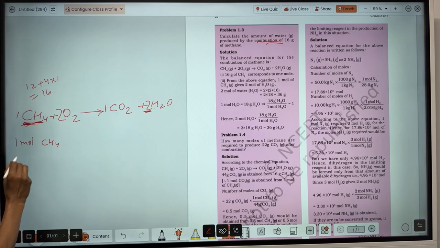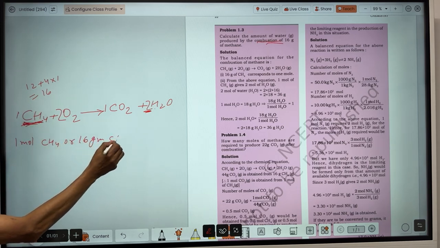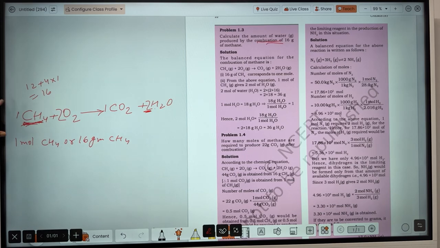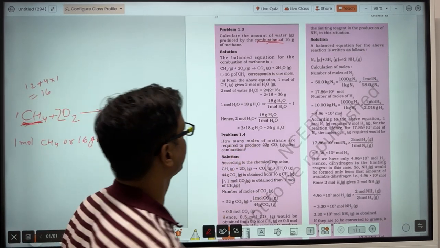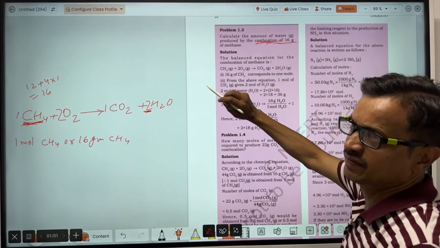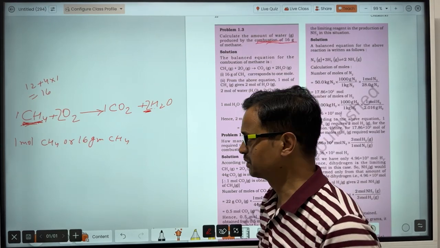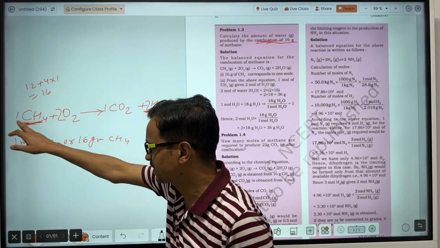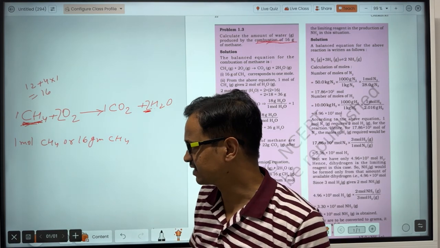So 1 mole of methane is 16 gram of methane. Here you will have to establish the relationship between methane and water, because the amount of methane has been provided and the amount of water is asked. So you will have to consider the relationship between methane and water during the reaction.